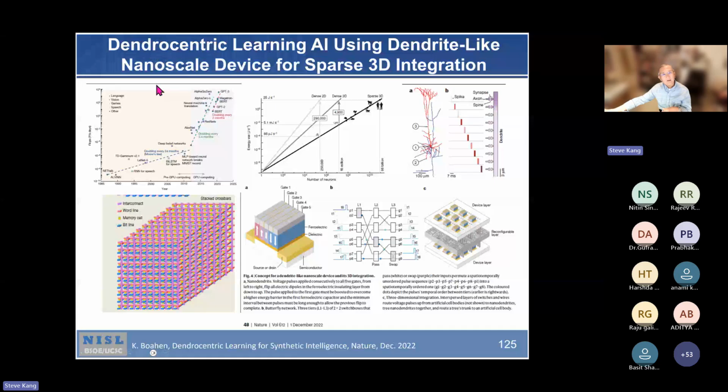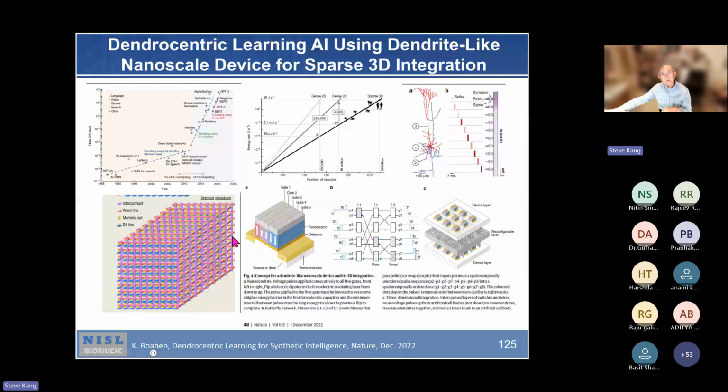So dendrites, there are many dendrites besides synapses. So that is an ongoing effort. Professor Bohan at Stanford University is leading this effort. Dendrocentric learning for synthetic intelligence, as published in December 2022.